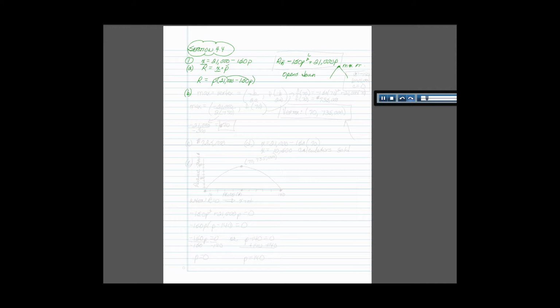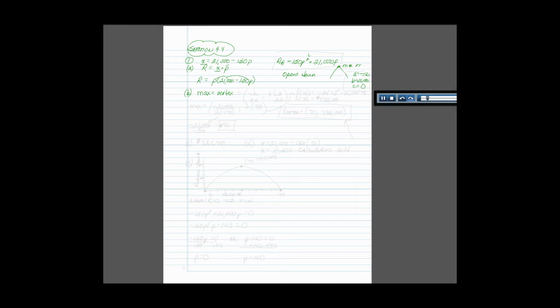Okay, we also know that A is negative 150, B is 21,000, and C is 0. So when we get to part B and it says what unit price should be used to maximize revenue, we know that the max is equal to the vertex.